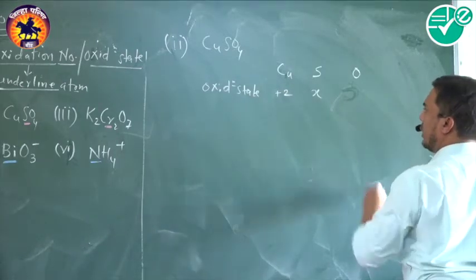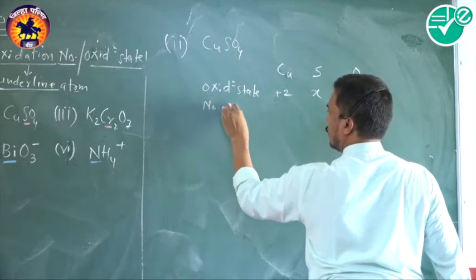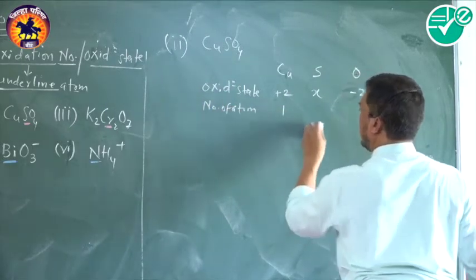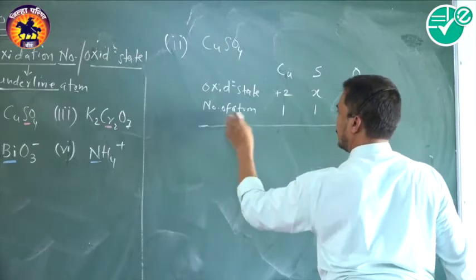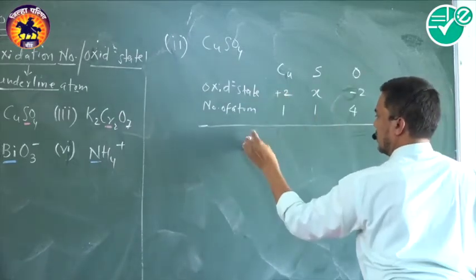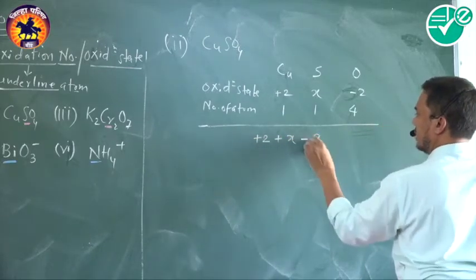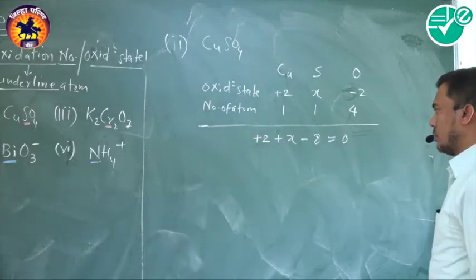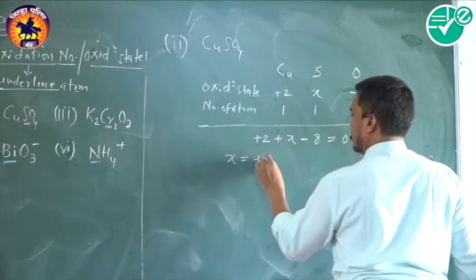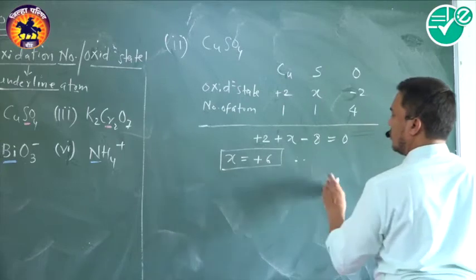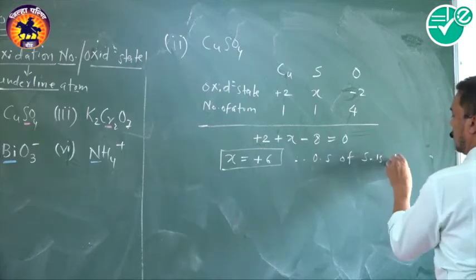Sulfur we have to calculate, oxygen is -2. The number of atoms of copper is 1, sulfur is 1, oxygen is 4. We add up the algebraic sum of the oxidation numbers of all the atoms: +2 plus X -8 is equal to 0. Simplify, X is equal to +6. Therefore, the oxidation state of sulfur is +6.